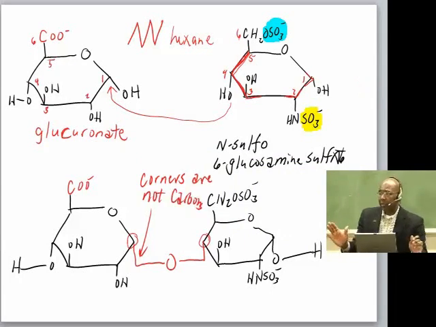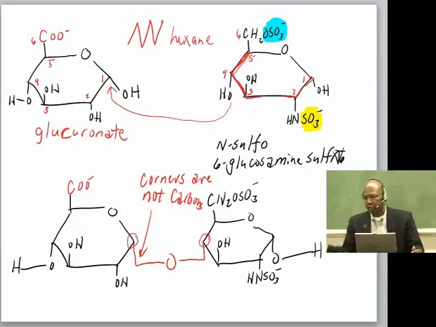They're nothing. They're just a way to get the bond from the anomeric carbon to whatever the other carbon is. You just want to get that glycosidic bond from one carbon to another, and those corners are just the way to do it.